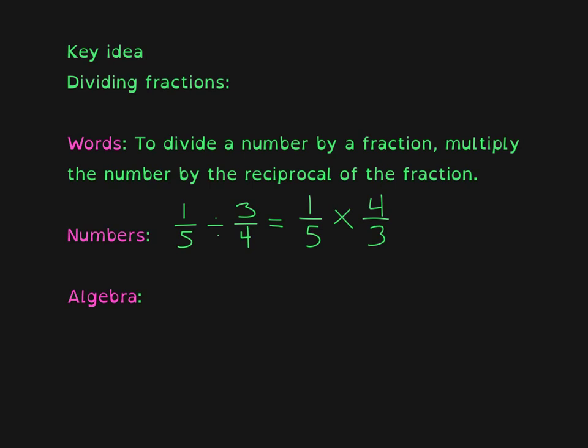Okay? Algebraically, it looks like this: A over B divided by C over D equals, leave it, change it, flip it. And that is basically what our lesson is based on. So let's go on to example 2 after you finish writing that down.